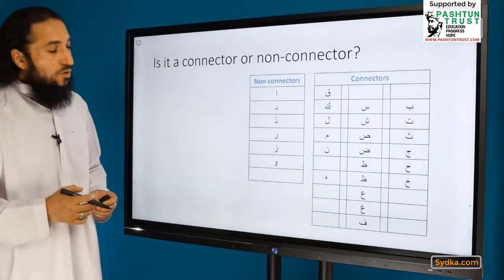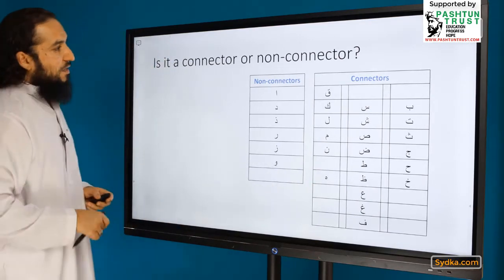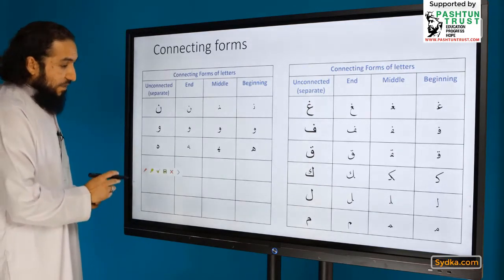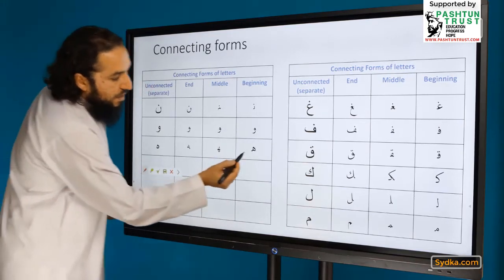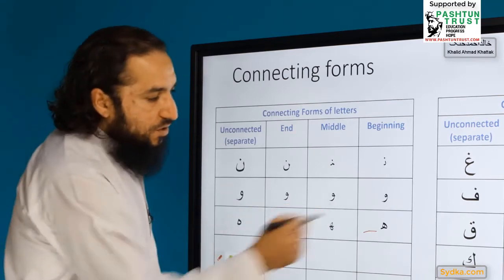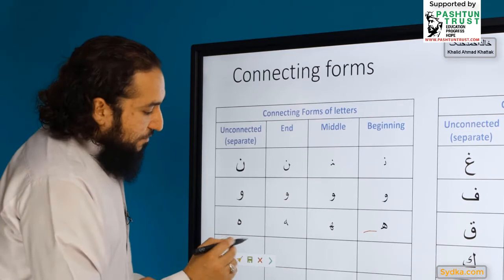Is it a connector or non-connector? It is one of the connecting letters, or one of the connectors, because if you see its connecting forms, if it's written in the beginning, it looks like this. The shape is slightly different. We will draw it when we come to the next slide, inshallah.